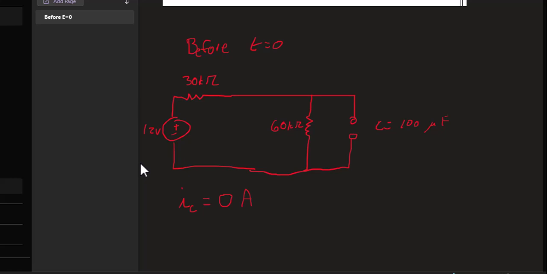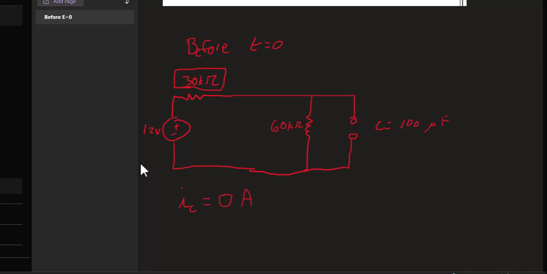Is it in parallel with the voltage source? No. The reason it's not in parallel with the voltage source is because of the 30 kiloohm resistor. So the voltage source is not in parallel with anything because of that 30 kiloohm resistor. But it is in parallel with the 60 kiloohm resistor.